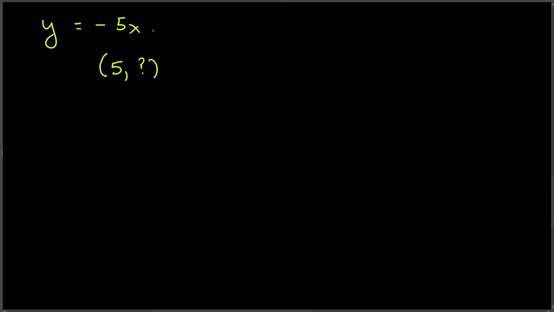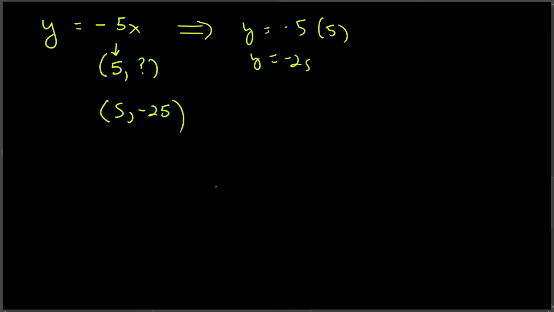So I substitute my x value into the x variable, and that tells me y is -25. So an ordered pair solution for this is (5, -25). That's telling me when x is 5, y will be -25.